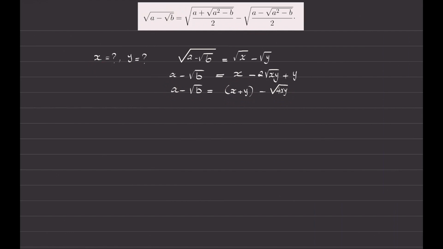Okay? So this means that I ask myself, is it possible to fine-tune this x and y so that x plus y gives me a and 4xy gives me b? It's a big question mark, okay? But if I want to answer this question, that's very simple. For example, you can set up a second degree equation, or let us just do it in this way.